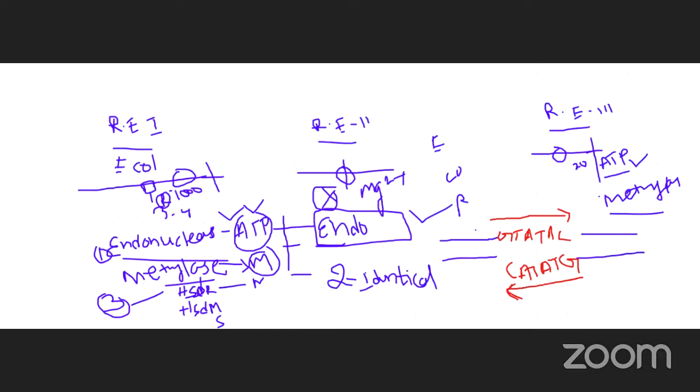Let's change color. The enzyme cuts between G and T, guanine and thymine, here, and the same cut between G and T in the same sequence, at the same position. So this type of enzyme is called isoschizomers.